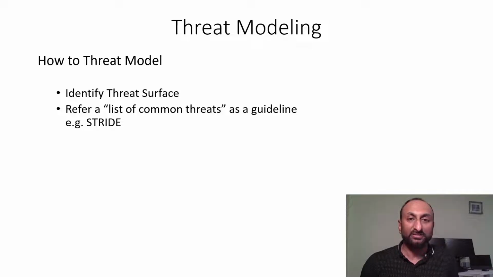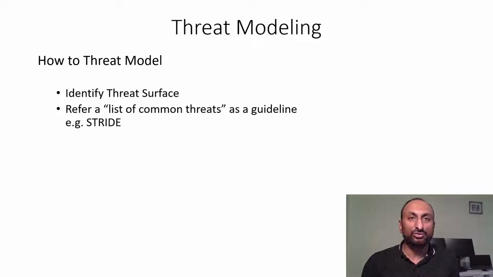Once the threat surface has been identified, the next part of threat modeling is to use a list of common threats as our guideline in order to identify any actual threats in our application design.